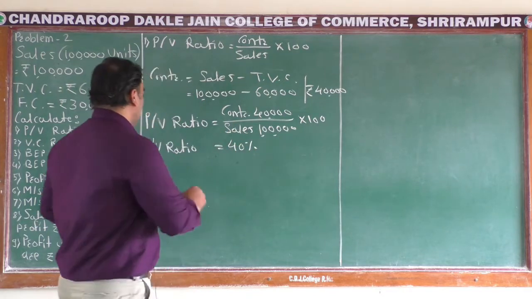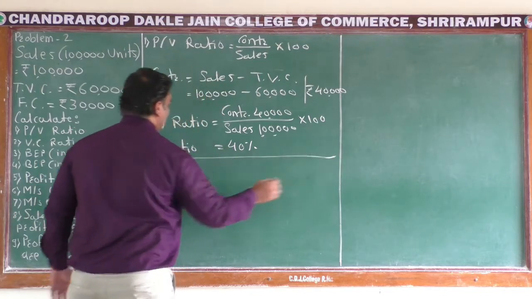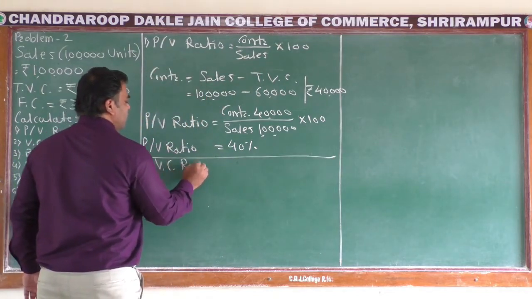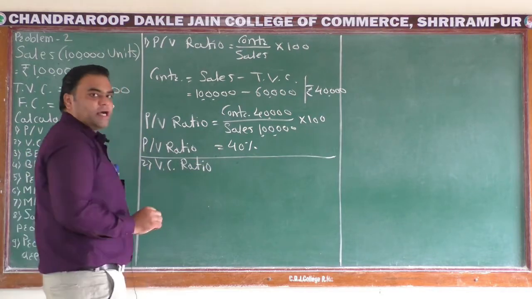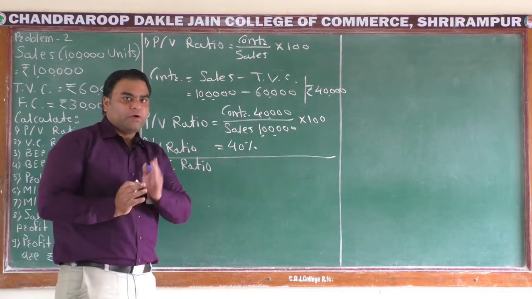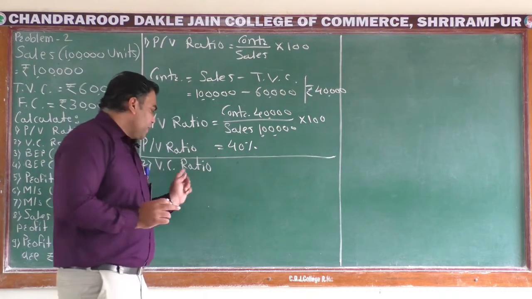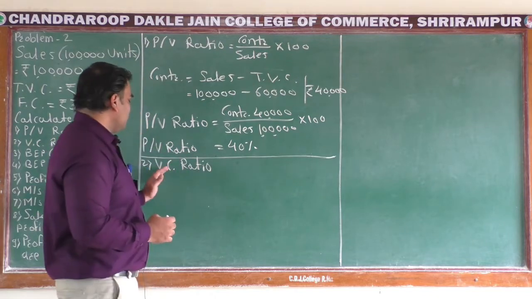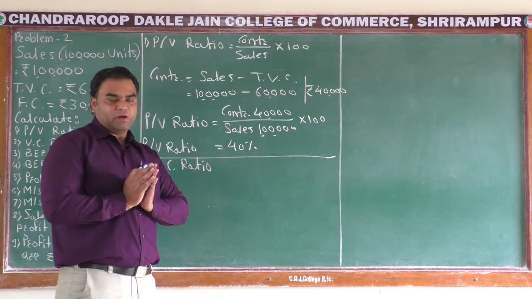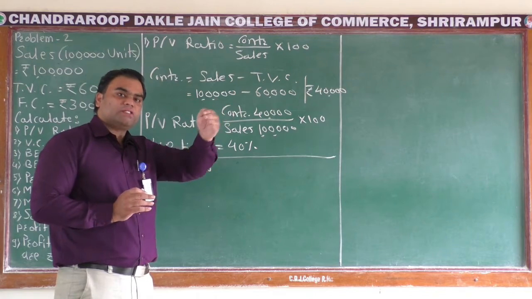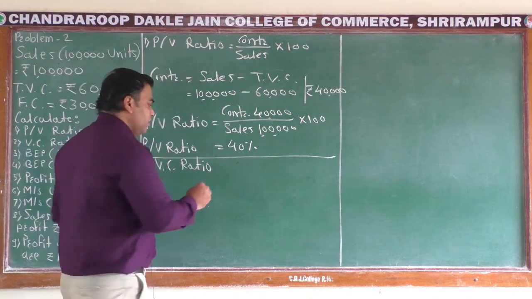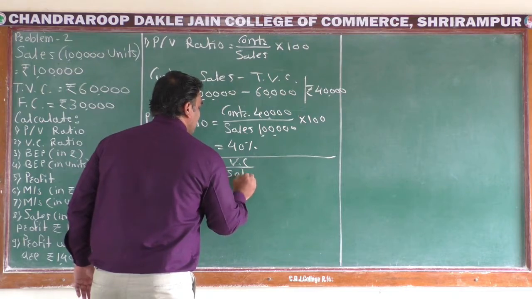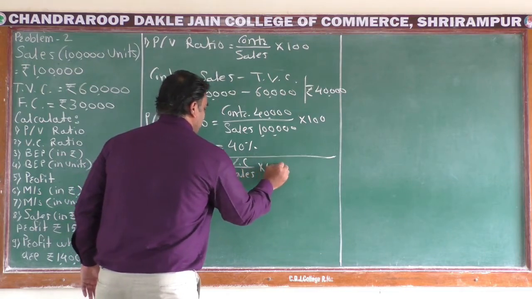It is also called marginal cost ratio because variable cost and marginal cost are one and the same. So what is the formula to calculate variable cost ratio? Variable cost upon sales into 100.